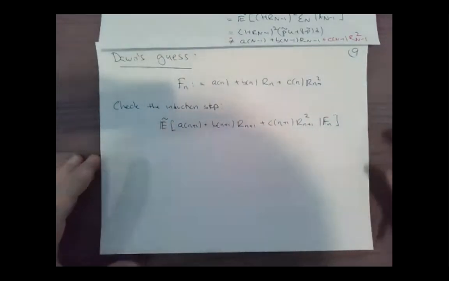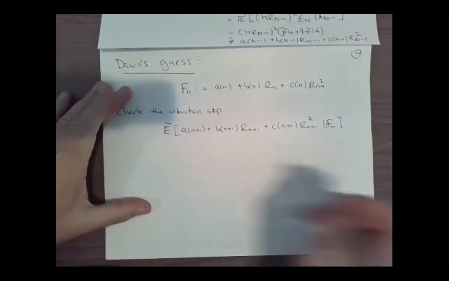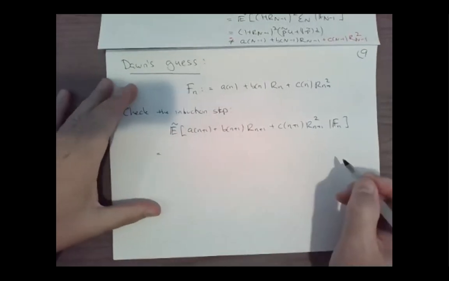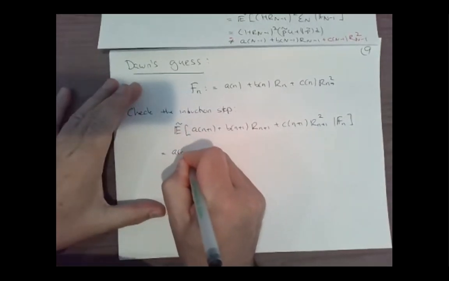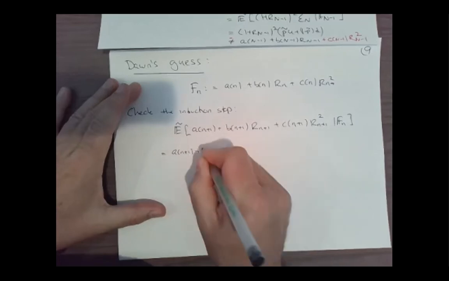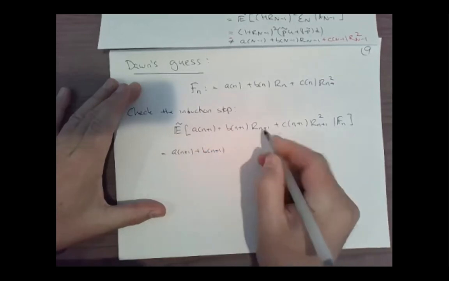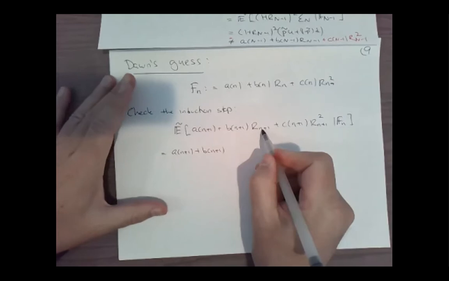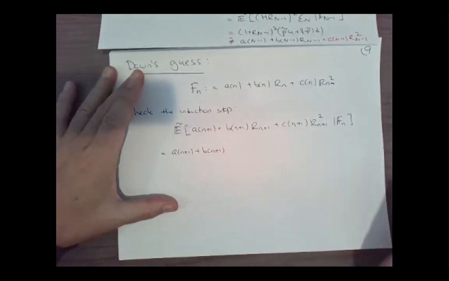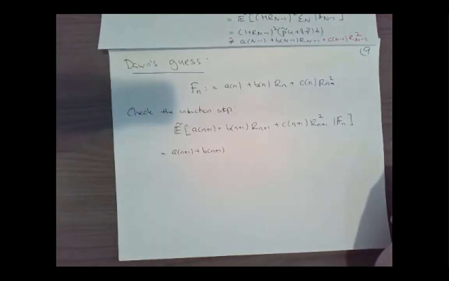So Dawn, I can see trouble coming. I don't think your guess is correct. But let's try it. Here I'll get A n plus 1 plus B n plus 1 times, and then the conditional expectation of R n plus 1. We had that a few times.